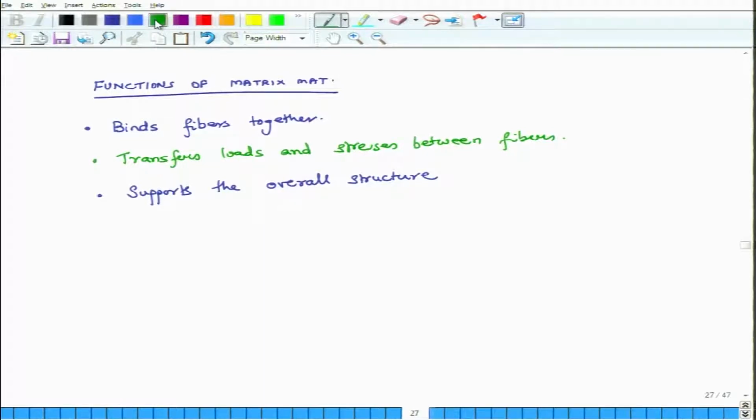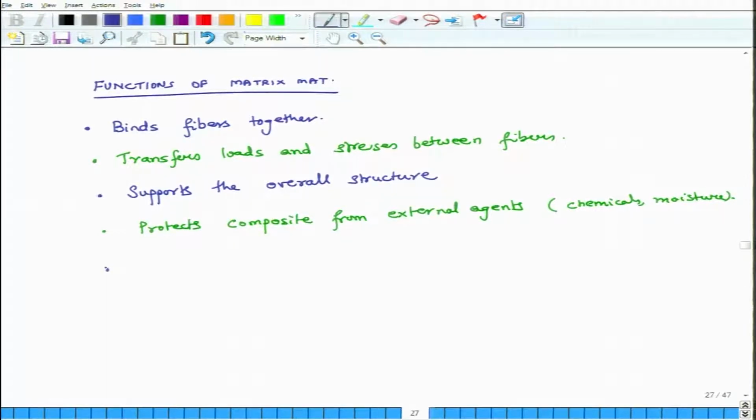So, it protects the composite from external agents. For instance, chemicals, moisture, and so on and so forth.